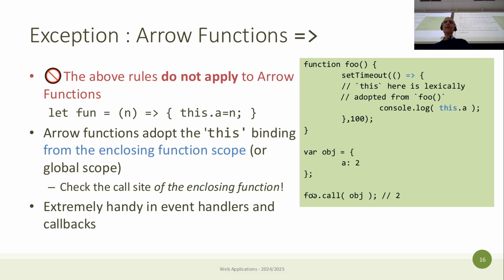In this case, which is similar to the previous one, we have an object. We attach the object explicitly to the call when you call foo, and so the this in foo will refer to obj, and so the this in the arrow function, that can see the outside scope, that is the foo scope, will see the same exact value, so the obj, that in this case has been explicitly attached to the function.